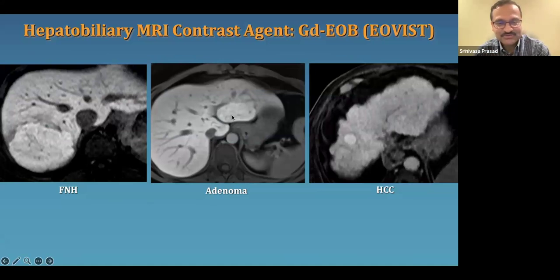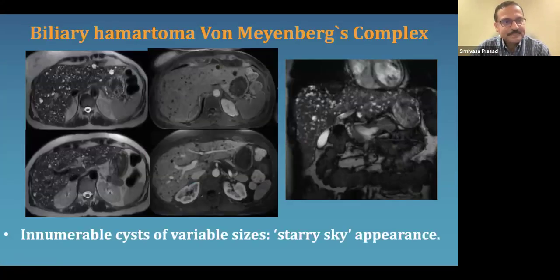You have some subtypes of adenomas, such as the beta-catenin mutated or the inflammatory adenomas that tend to have these receptors and hence appear iso to hyperintense on the delayed phase images. And obviously, the well-differentiated hepatocellular carcinoma in the background of cirrhotic liver can also retain contrast.